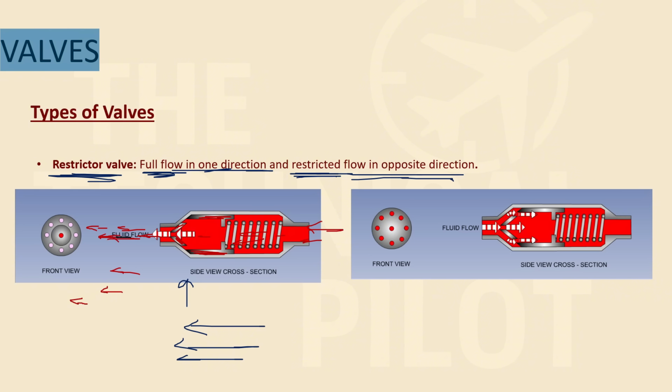But exactly opposite to that, if you move the fluid from here to the right hand side, then this attachment will obviously move to the right hand side because of the flow of the fluid. And then you can see there is one hole here, there is another here.